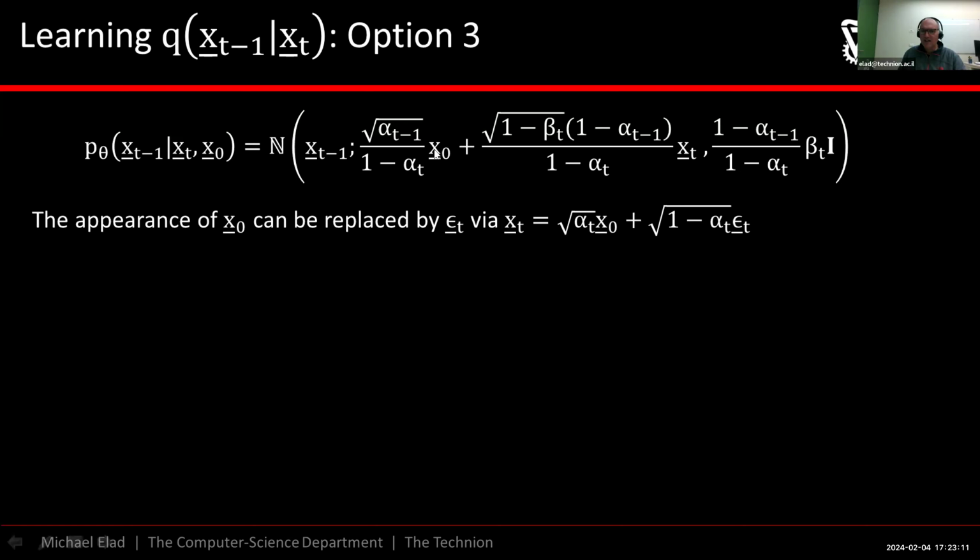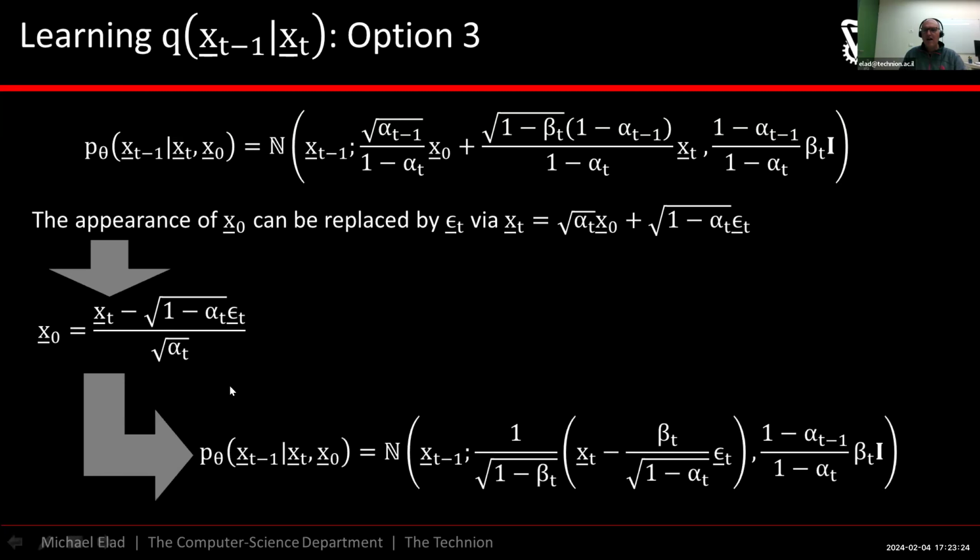So instead of writing x0, you can replace it with this expression: x0 is basically xt minus square root of 1 minus alpha t times epsilon t, divided by square root of alpha t. Take this, plug it in, and get a simpler expression. And why am I doing it? Simply because everybody is using this expression instead of this one. So I just wanted to make things clear. Okay, so this is the expression we will work with.